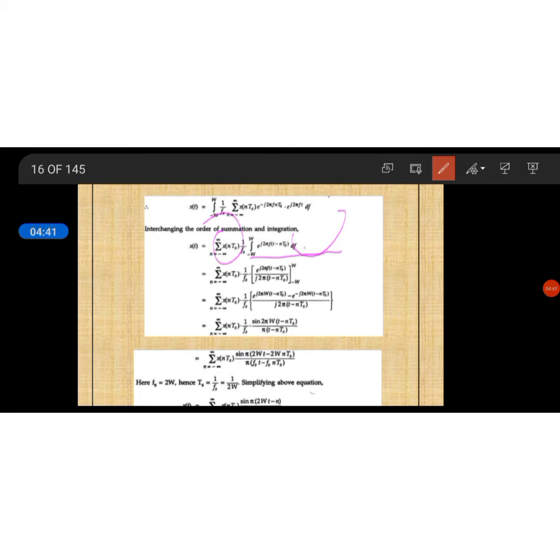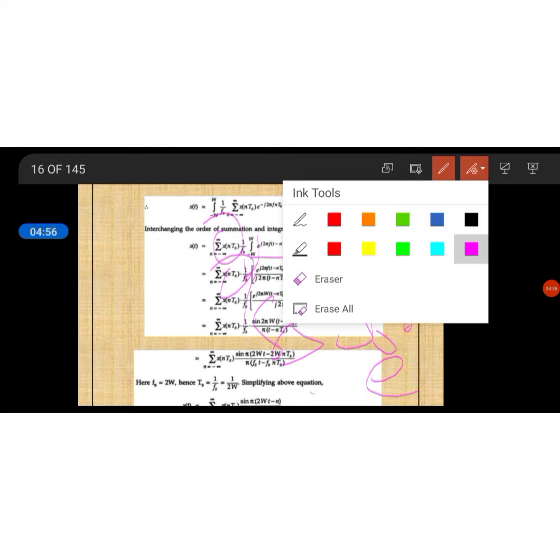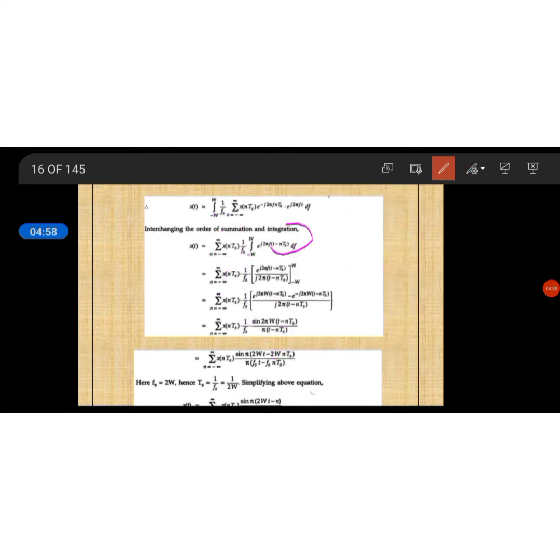So x of nTs times 1 by fs, and the integral of e power j theta d theta is e power j theta divided by j theta.